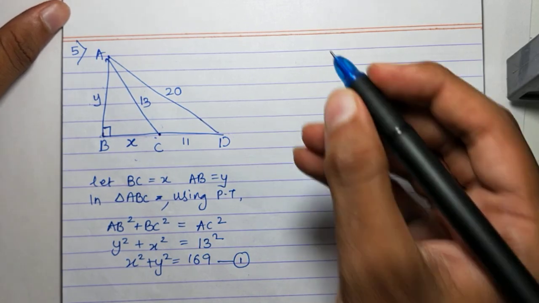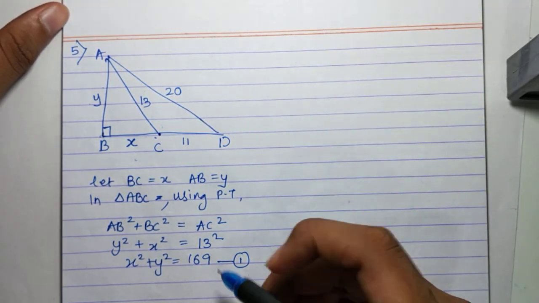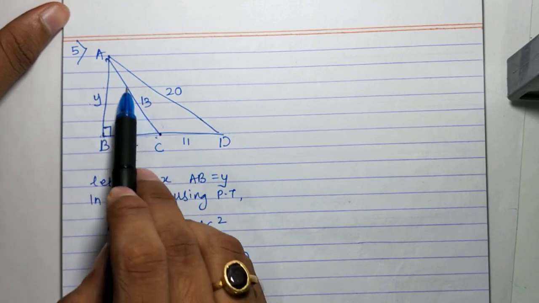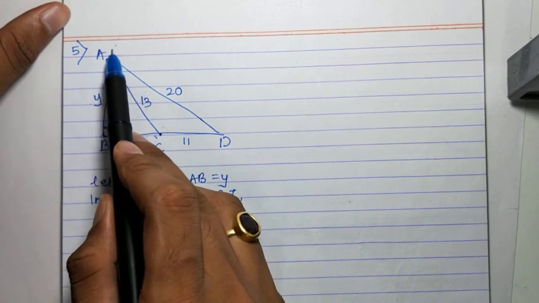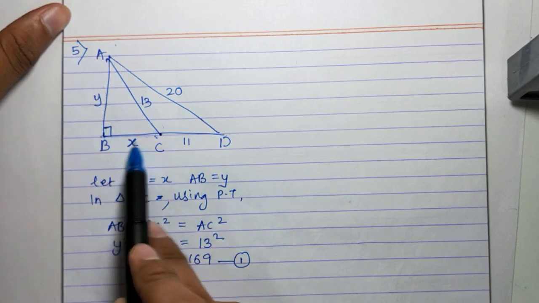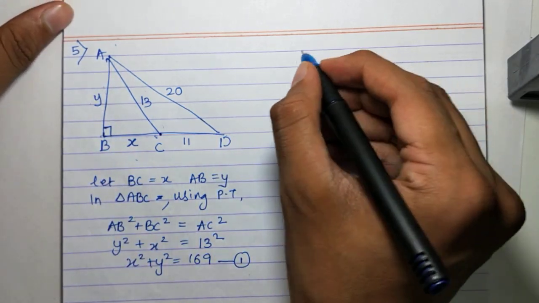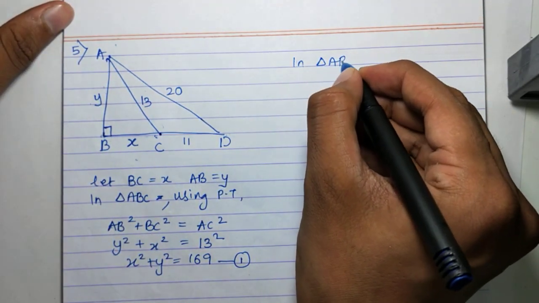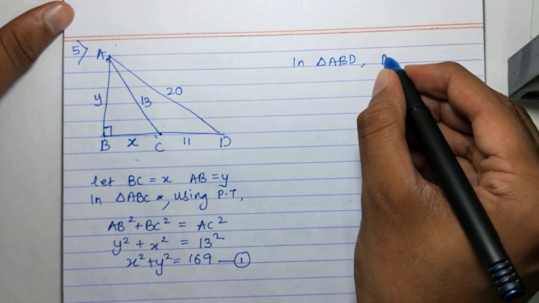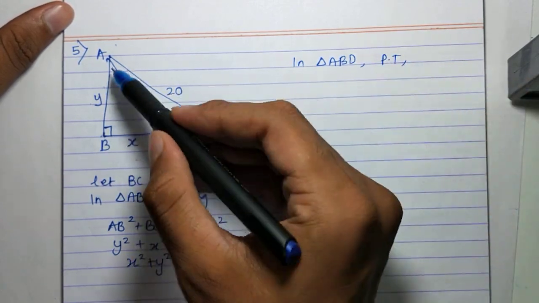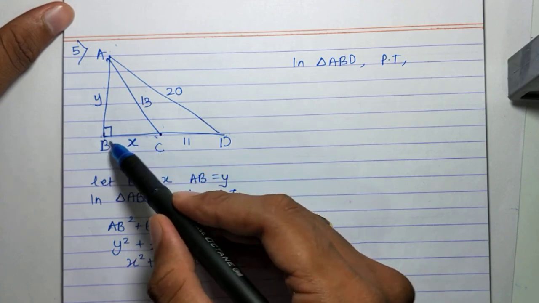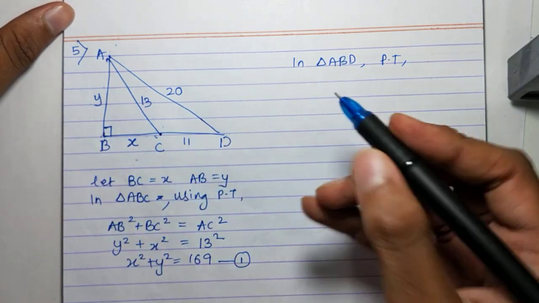Now I will continue the sum. Now we have applied Pythagoras in the small triangle. Now let's apply Pythagoras in the big triangle ABD, this full triangle. Okay, so in triangle ABD, the larger triangle, using Pythagoras theorem, AB square प्लस BD, ये बड़े ट्राइंगल में BD स्क्वायर आएगा, ठीक है.